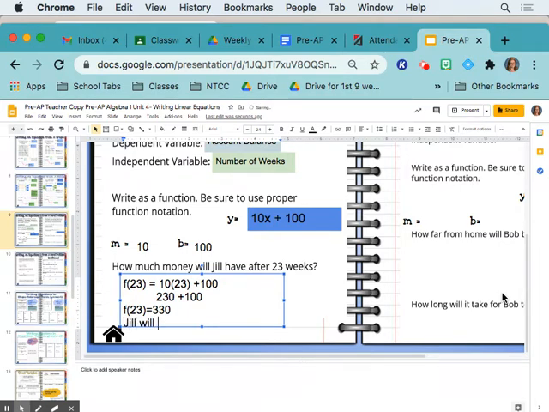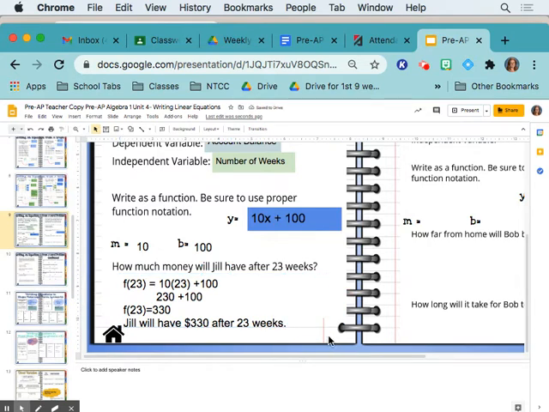Jill will have $330 after 23 weeks. So anytime there's a word problem, expect to make your answer in words, in a complete sentence.